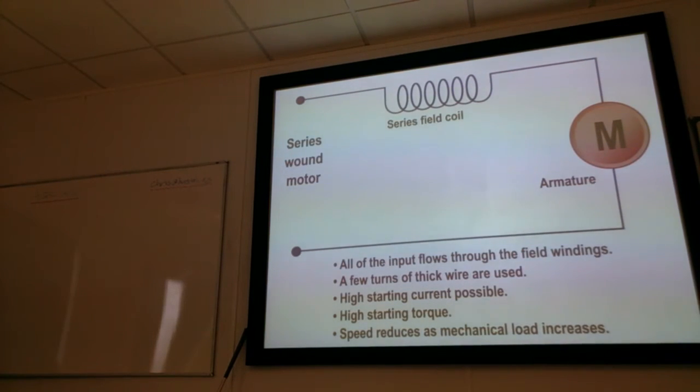It's just a few turns of thick wire, which gives you a high starting current and a high starting torque, but the speed of the motor would reduce as the mechanical load increases. So it makes it suitable for things like starter motors where you need a high initial torque requirement. Ideal for that, but not much use for a motor that's going to keep running for a long time, because as the load increases, speed would reduce. So that is a series wound motor.